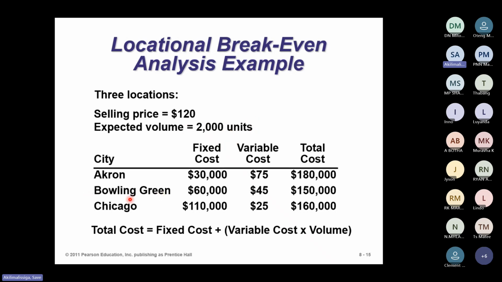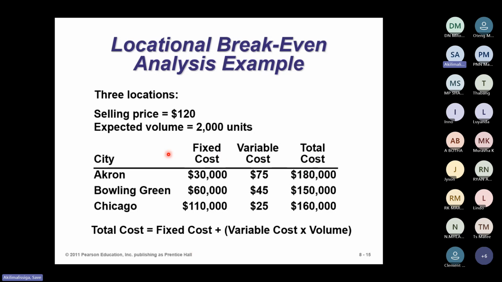Right. Here you also have Bowling Green with its fixed and variable cost, including the total cost. Again, the total cost is given by using the 2,000, but I will show you how to use it. It's an equation that needs to be solved in order to come up with the total cost. Chicago, you also have the fixed cost, the variable cost, and the total cost.